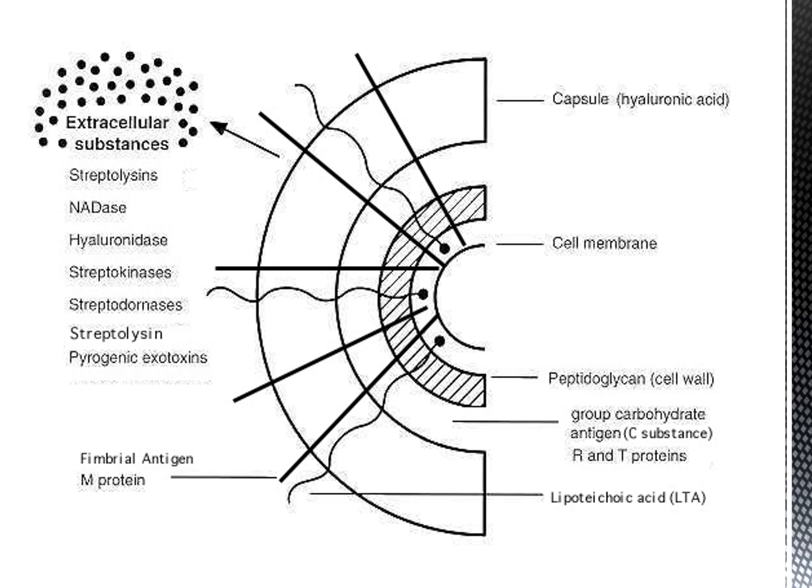Then we have NADase, which destroys leukocytes, hyaluronidase, which destroys connective tissue, streptokinase, which prevents blood clotting, and streptodornases, which break down exudate. We also have other extracellular substances like streptolysin and pyrogenic exotoxins. There is a carbohydrate layer that you can see indicated by the area with the diagonal lines. This carbohydrate layer actually determines the serological group for beta streps.